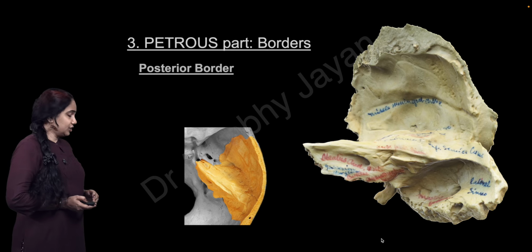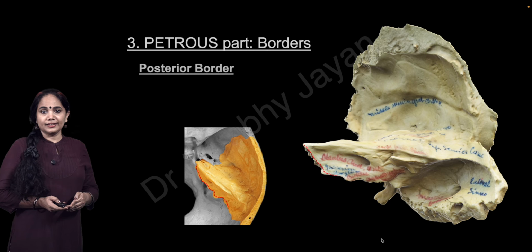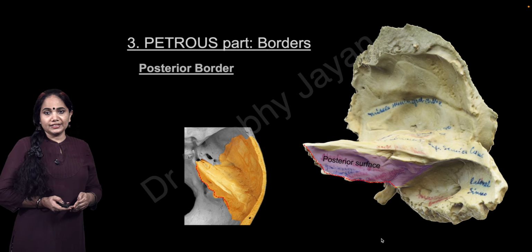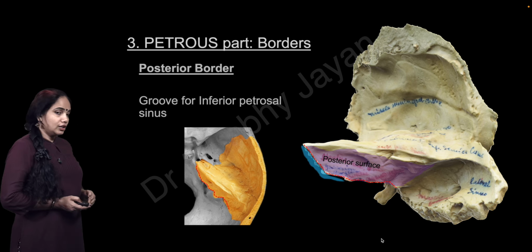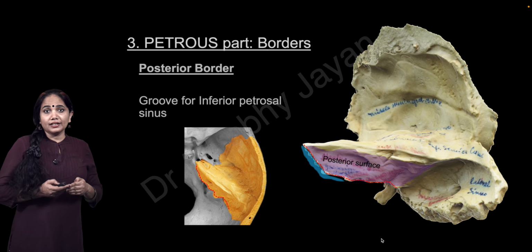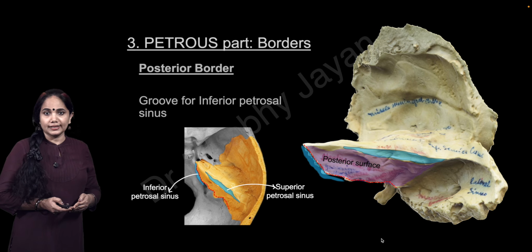Next, we have the posterior border, which is seen inferiorly here below the posterior surface, and here we have a groove for the inferior petrosal sinus. So the posterior border has a groove for the inferior petrosal sinus, and the superior border has a groove for the superior petrosal sinus.